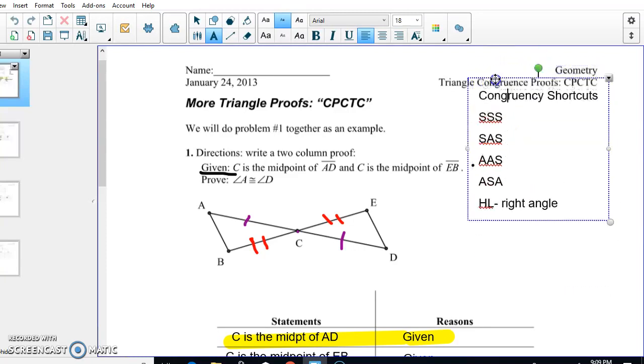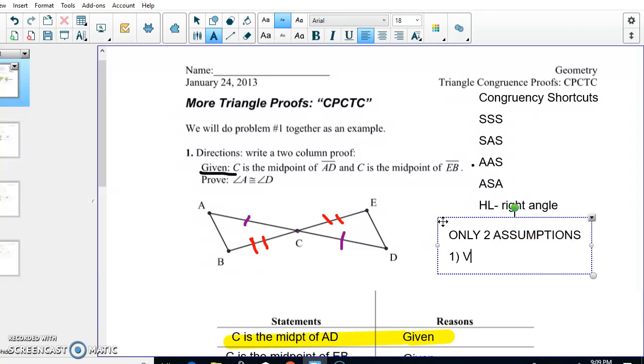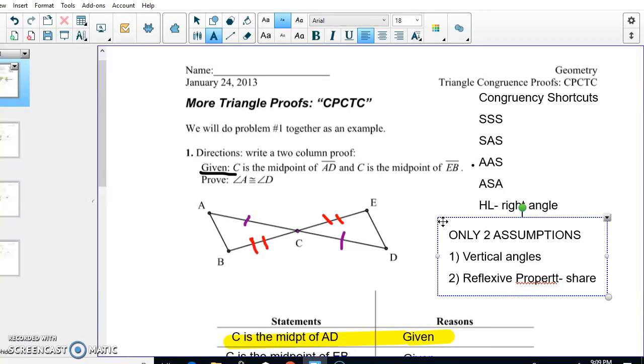Once again, Ms. Cullen has written down this on the board a million times. There's only 2 assumptions we can make. Okay, so by now you should know those. Our 2 assumptions are either 1, vertical angles, or 2, reflexive property. So reflexive property is a shared side in the triangle.